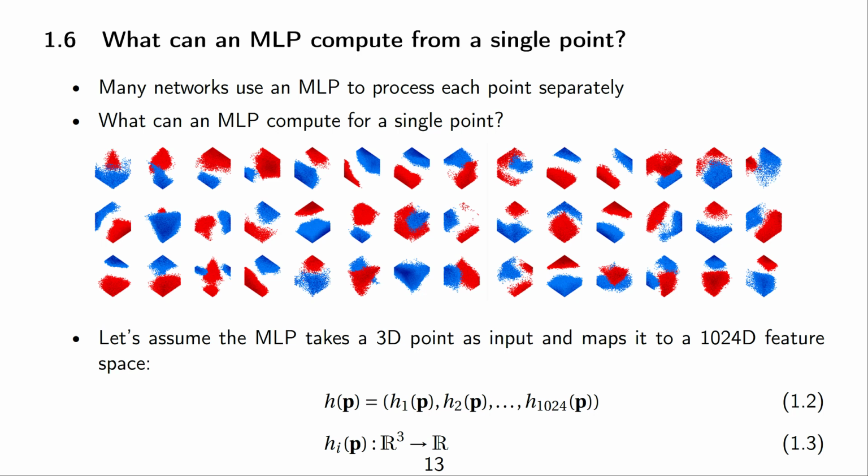This is another component that we will see used in PointNet shortly, and we would like to discuss it in a bit more detail. The idea is that a multi-layer perceptron, or a fully connected neural network, is applied to a single point. But what does that do?